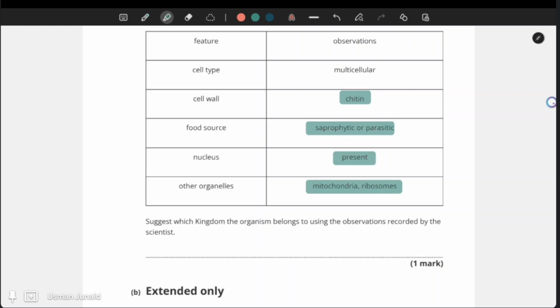Sir, is it protists? Why would it be protists? Protists are not multicellular. They're usually unicellular.